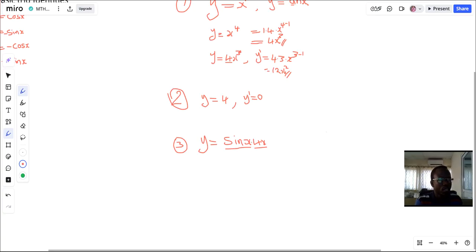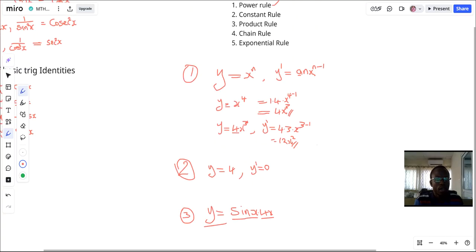So product is just a multiplication of any given variable. So here, this function y is a product of 2 functions, sin x and 4x.